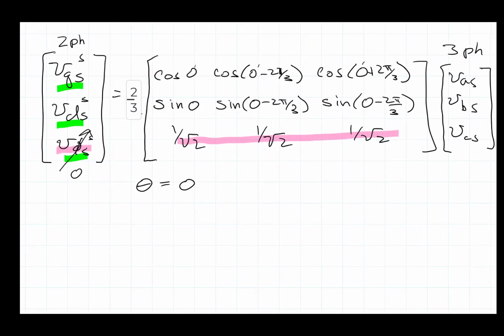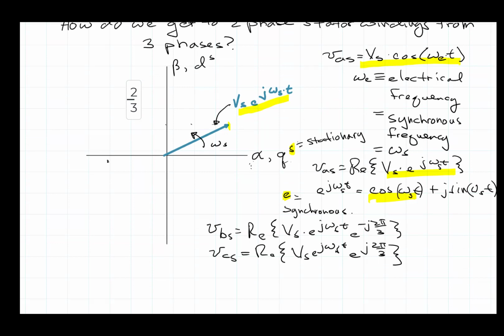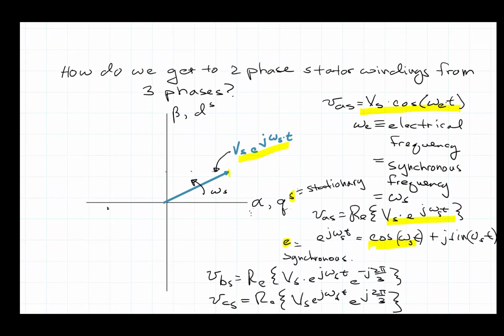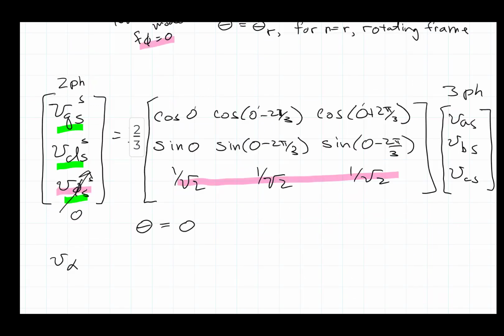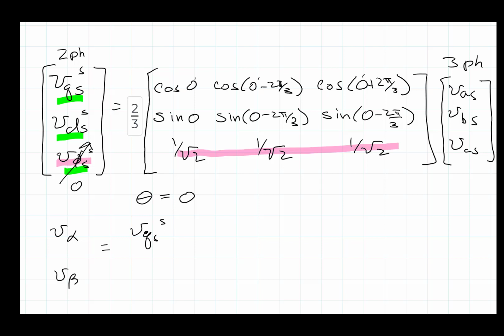And as we stated before, when I was introducing this phasor reflecting onto 2 axes, V alpha is equal to VQSS, and V beta is equal to VDSS. So the most common approach is to use the V alpha and the V beta.